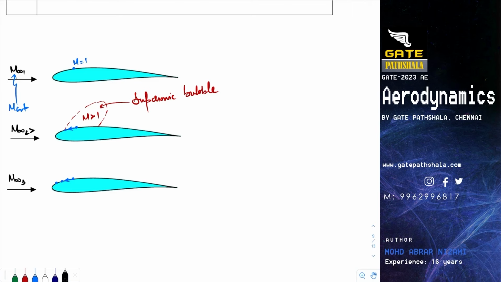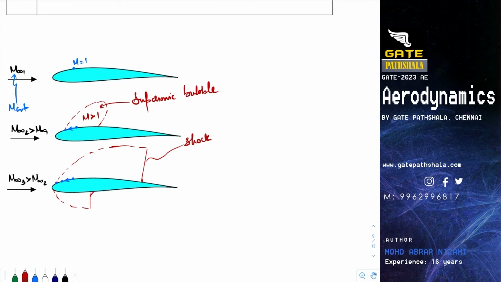M infinity 2 is greater than M infinity 1, M infinity 3 is greater than M infinity 2, and the flow will accelerate, giving rise to a bigger supersonic bubble. Let's say this M infinity 3 is such a Mach number at which the supersonic bubble grows and terminates in a shock, usually a lambda shock. A similar thing would be forming here as well.